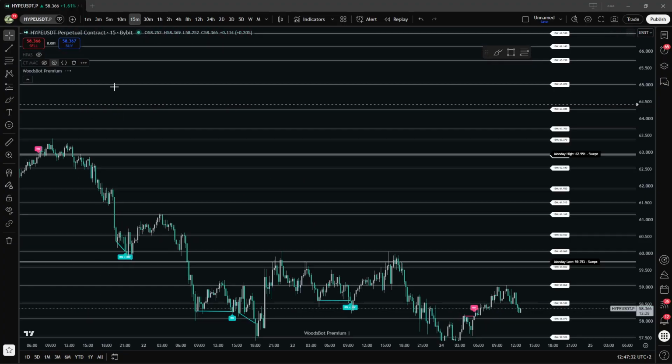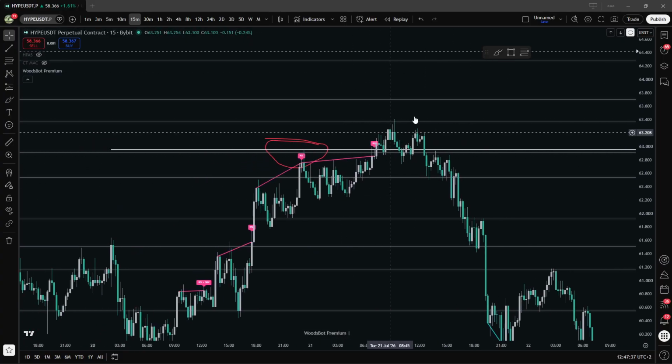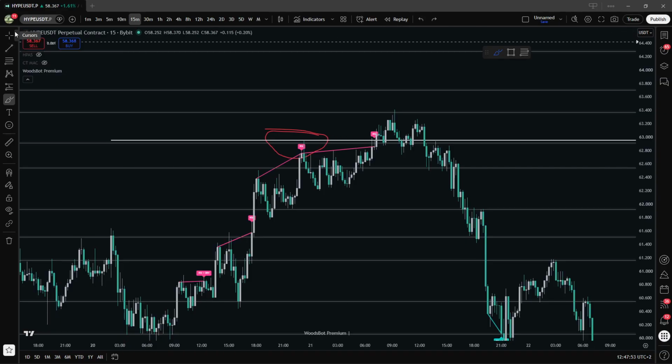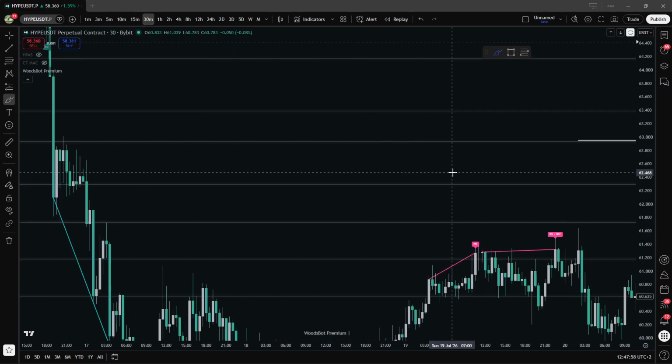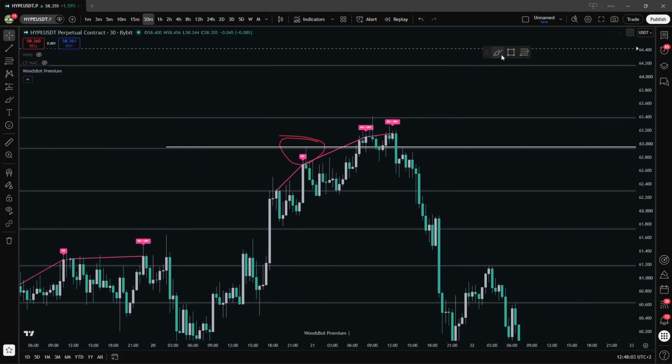So if you go to the lower time frame, you can see this is where the Monday range high formed, right?